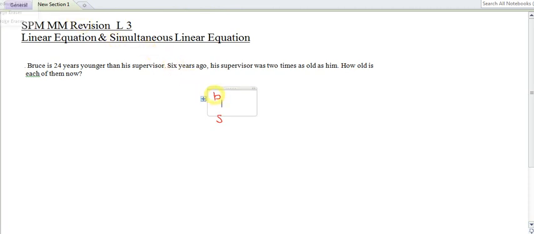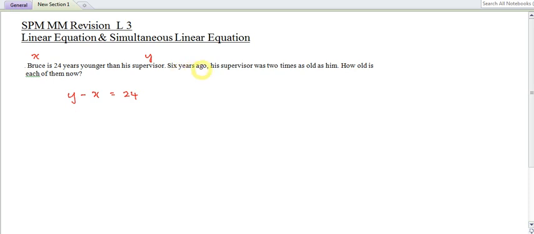I think I use another symbol. Let the age of Bruce be x, supervisor be y. Okay, so Bruce is 24 years younger than his supervisor. So first equation is y minus x is equal to 24, right?